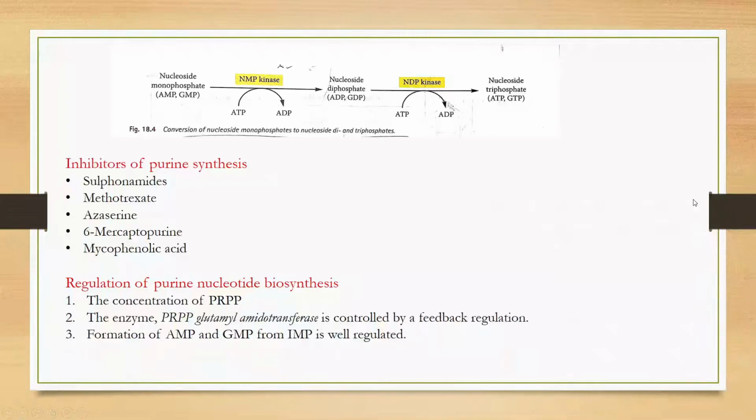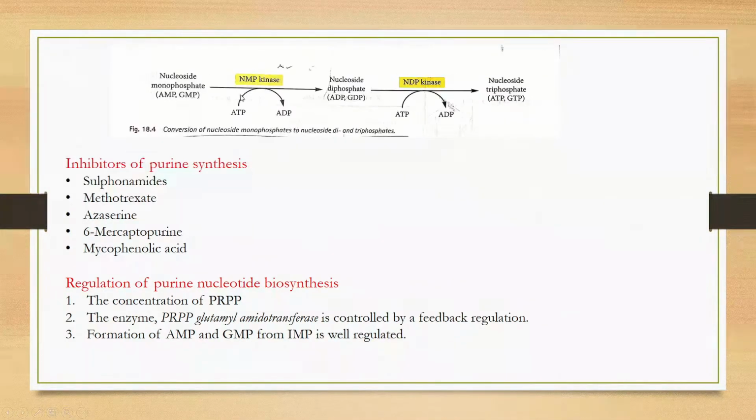Now formation of purine nucleoside diphosphate and triphosphate. The nucleoside monophosphates AMP and GMP have to be converted to the corresponding diphosphates and triphosphates to participate in nucleic acid synthesis and other metabolism. This is achieved by phosphoryl group transfer from ATP.